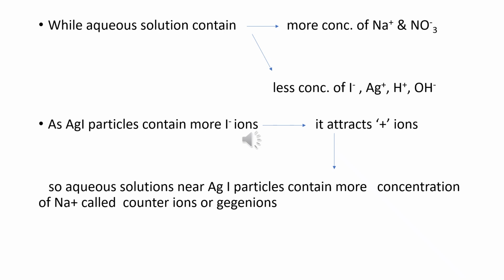Because the particle surface is negative due to absorbed iodide ions, it attracts positive ions, especially Na+ ions, from the medium. These opposite ions gather near the particle surface, and these oppositely charged ions are called the counter ions or gegen ions.